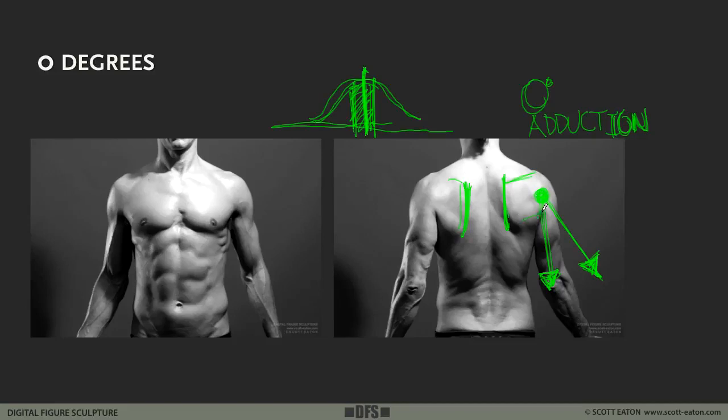So all the things that work in this area: teres major, rhomboids, infraspinatus, supraspinatus, teres minor, etc. Okay, so the first 30 degrees is free. We don't expect anything to happen to this border. From 30 degrees up to 180 degrees, which is pretty much all the way overhead, there is a 2-to-1 relationship between the adduction of the arm and the rotation of the medial border of the scapula.